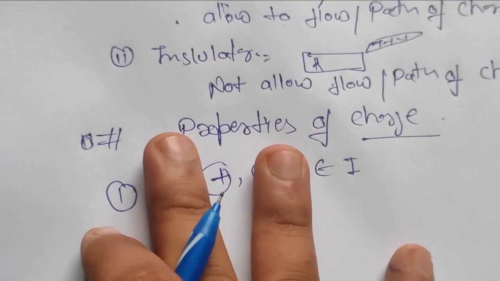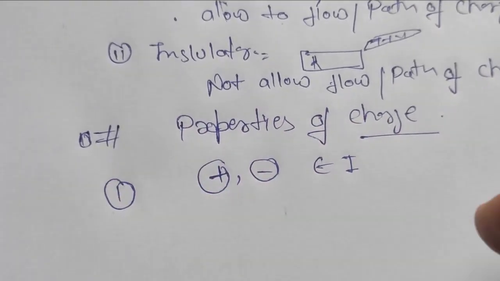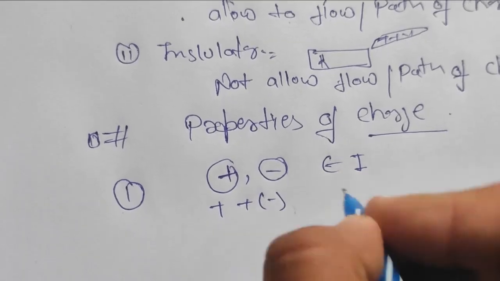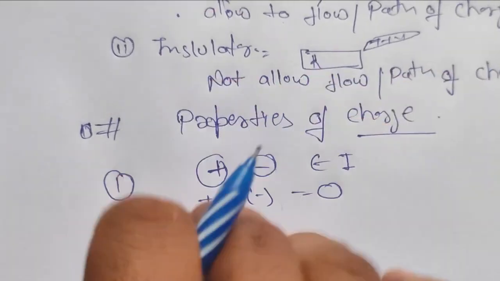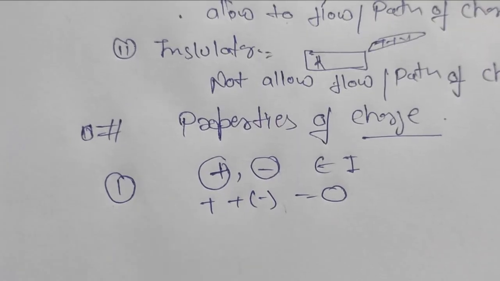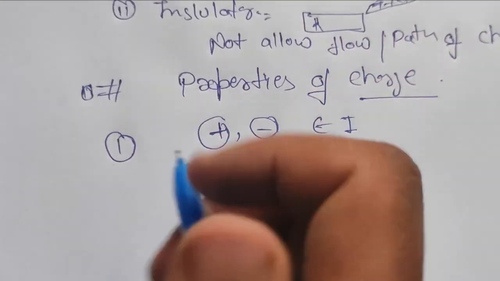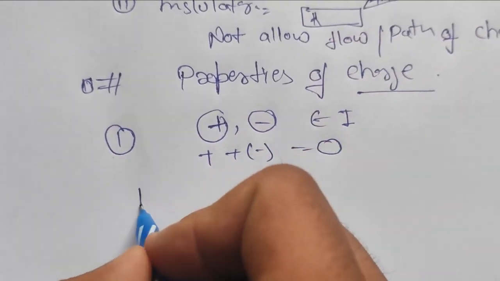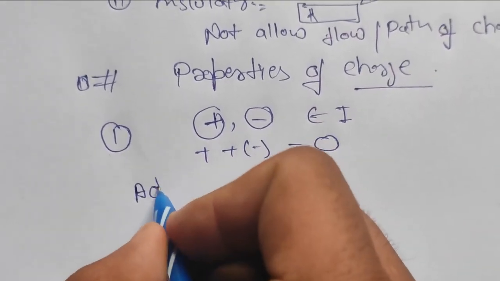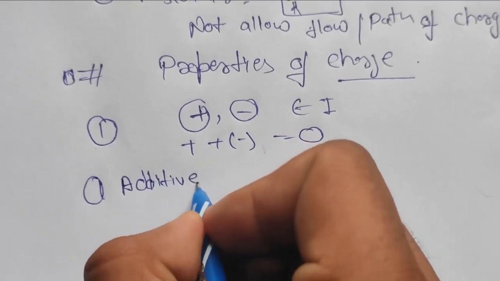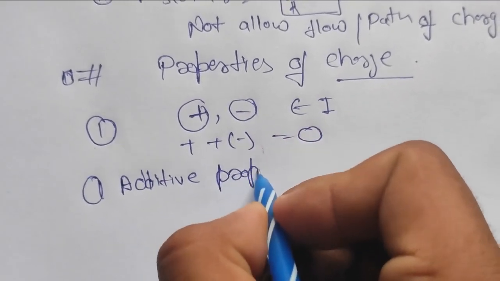Mathematically, if I add a positive charge and a negative charge, it becomes zero, because I explained this in the previous class with the electronic orbital theory. So we can say that charge has an additive property, charge can be added.